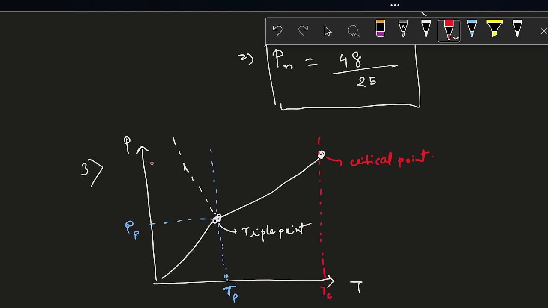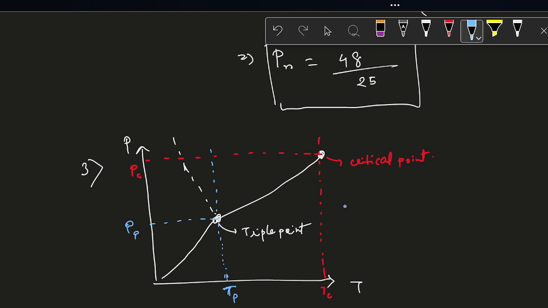So let's say it is Tc. Sorry, this is not properly done, you have to join the line, a straight line. So this can be your Pc, the critical point pressure.